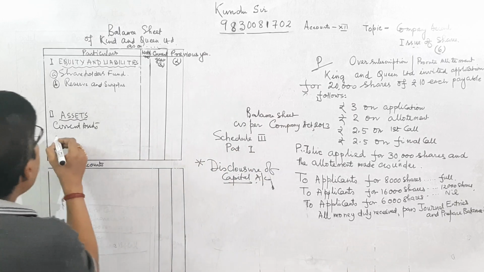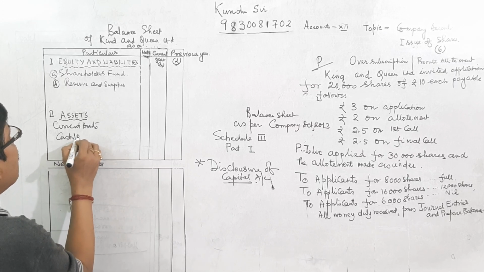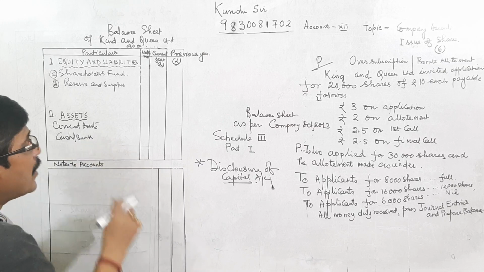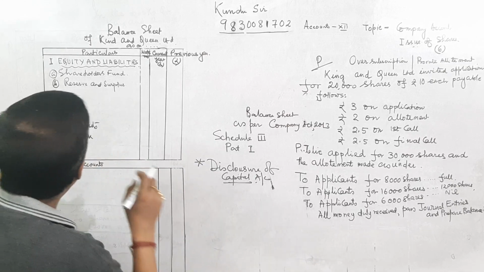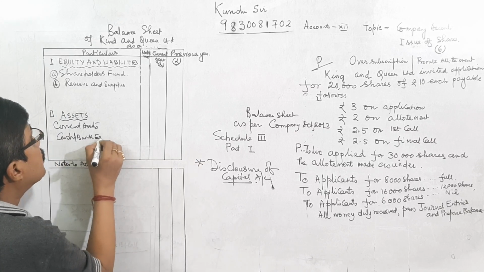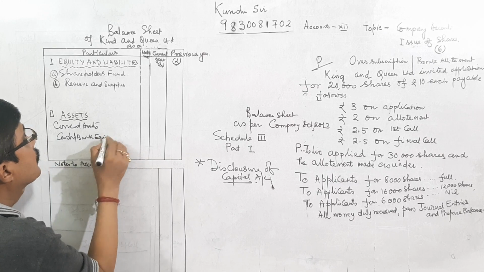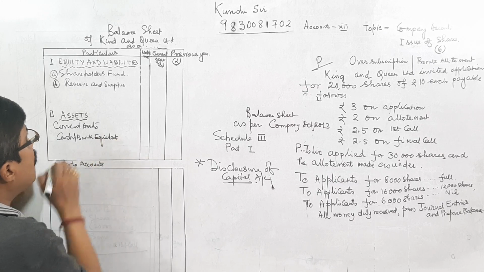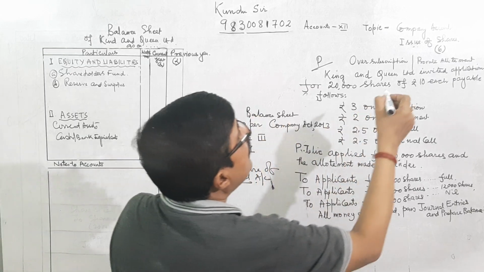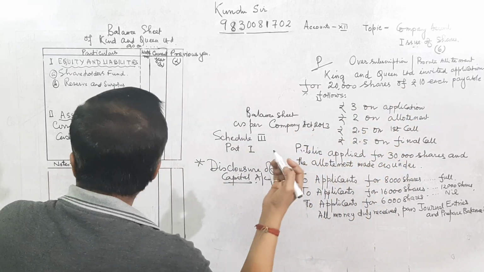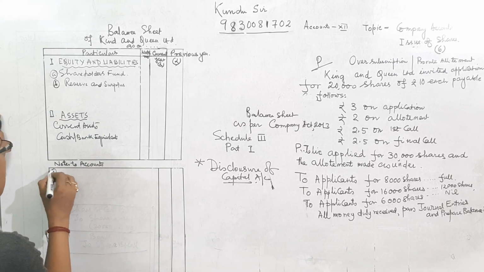We have cash or bank, or you can write cash and bank equivalents. Now, according to the problem, we don't know the authorized capital. First we should write share capital.